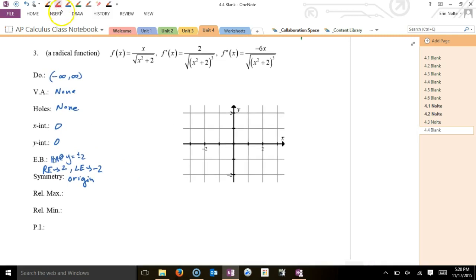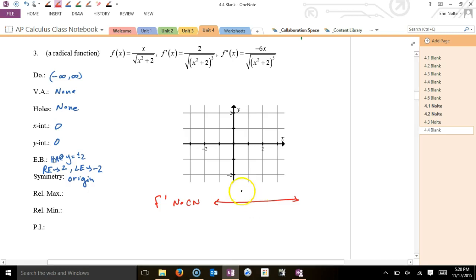All right, so working on relative max and mins. Let's do the first derivative. First derivative, there's no value that makes the denominator 0, and if I set it equal to 0, I have 0 equals 2. So there's no critical values. So interesting, I think. Let's just say we throw any number in, so that means all of the values are going to all be increasing or all decreasing.